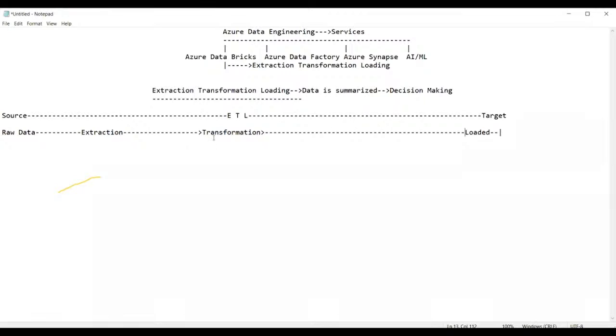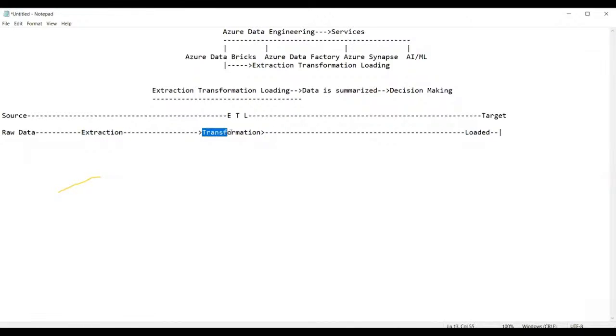Loading. Same way, guys, picking up the vegetables. From multiple, 100 vegetables are there, but you are picking up only 5. And the process of picking up vegetables from the supermarket is called what? Extraction. It is the process of extraction. Once the extraction is done, then what are you doing?